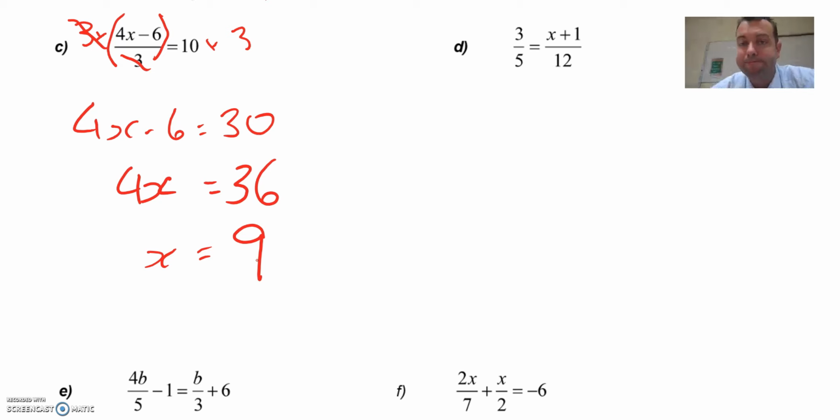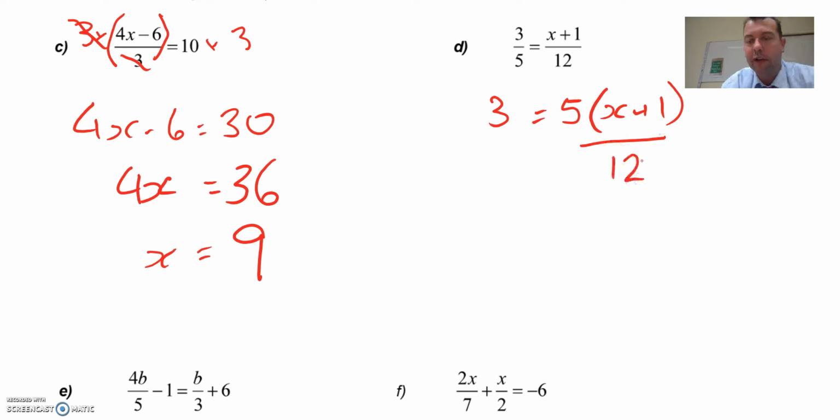Second one here. Two fractions, with 5 and 12 as our denominators. Multiply everything by 5. That's going to give me 3 equals 5 outside of x plus 1 all over 12. Notice I didn't do 5 times over 5, they've cancelled already. 3 equals this.